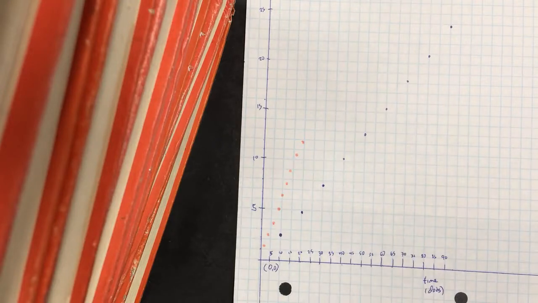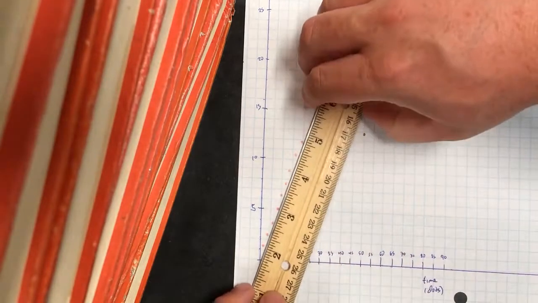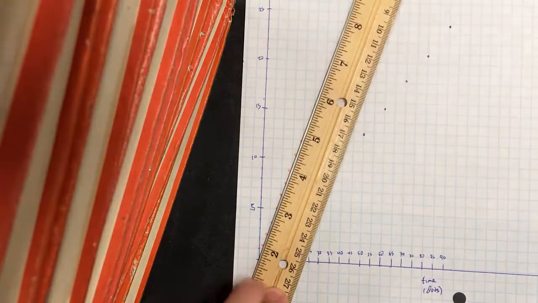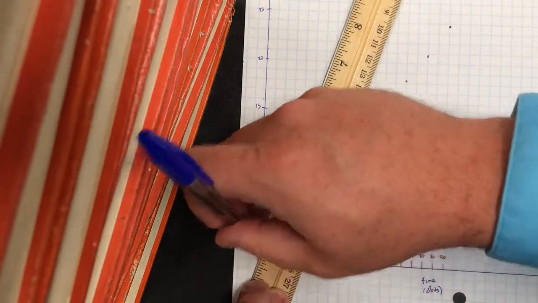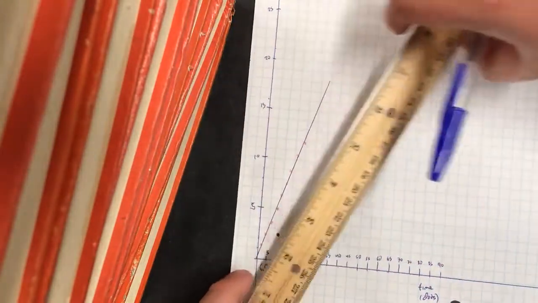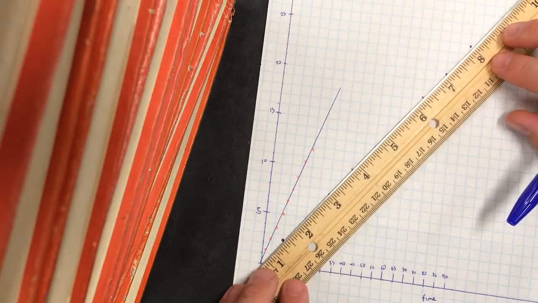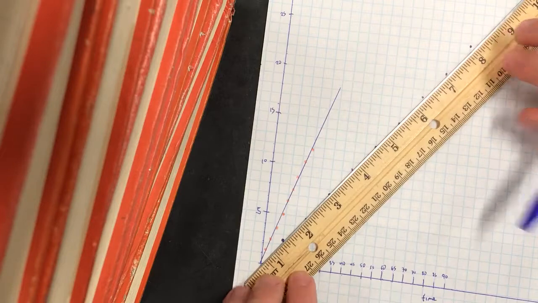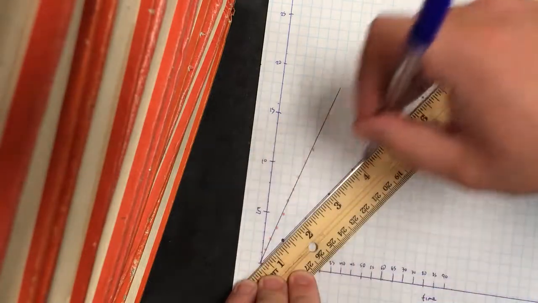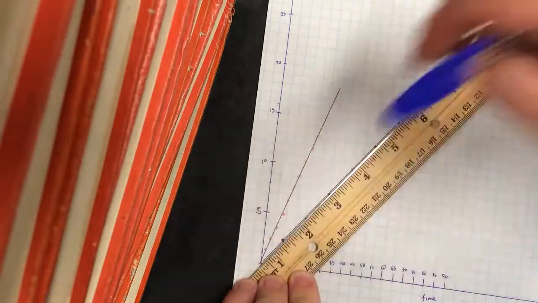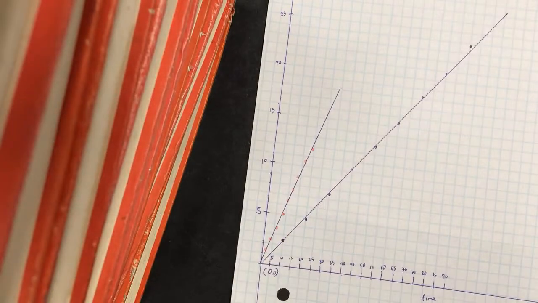They are both quite linear. We could draw a best fit line through both of them. Try to get an equal number of points above and below. And we are going through the origin because we definitely started at 0, because 0 is just the first dot we consider to be constant velocity.